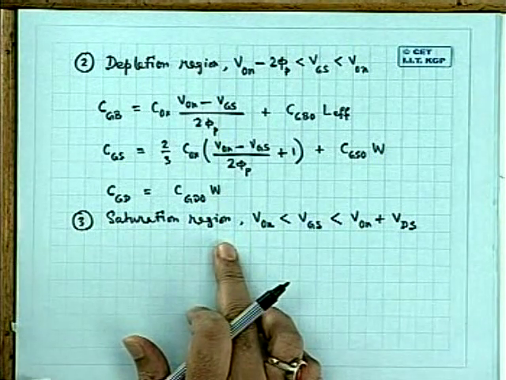Saturation means that there is a pinch off region. Most of this channel is well inverted, excepting a region close to the drain which is pinched off, that is saturation.